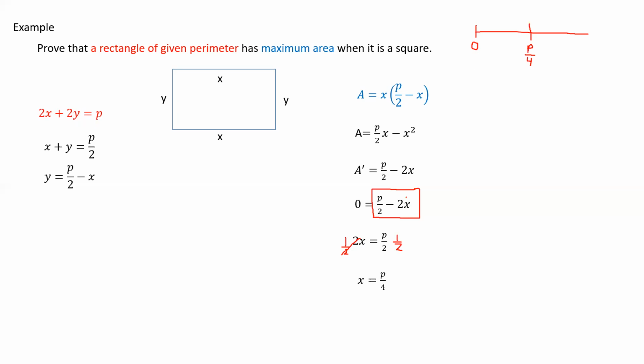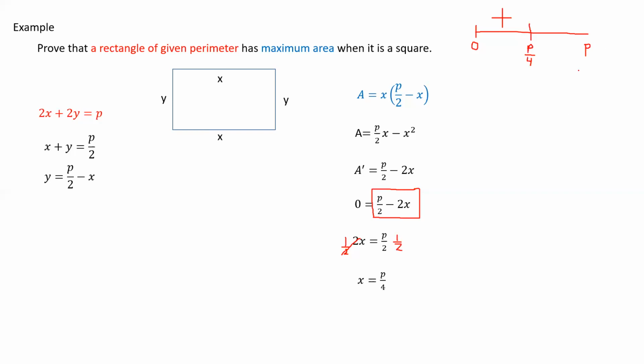And if you put 0 in, you would be left with P over 2. P is the perimeter, so that's positive. So P over 2 must be positive. So on the left-hand side, we're positive. Now we need a number on the right-hand side of P over 4. How do you do that when you don't know what P is? Here's how you do it. P is to the right of P over 4. It's 4 times bigger.